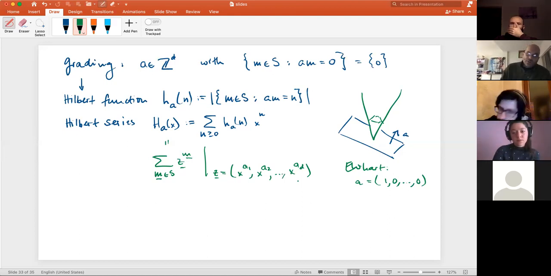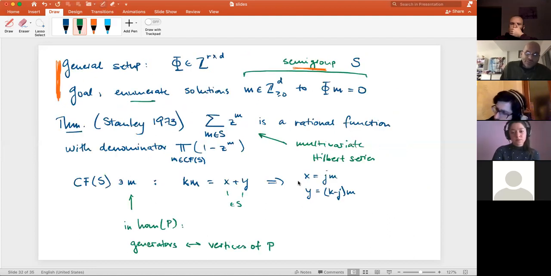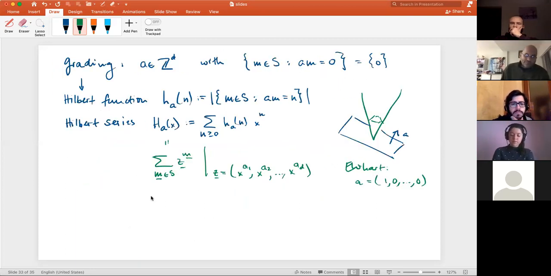So what does this mean now for this theorem? What happens when you specialize is that we get a rational function with denominator some product of 1 minus a single variable to some power. So I guess this is a corollary.